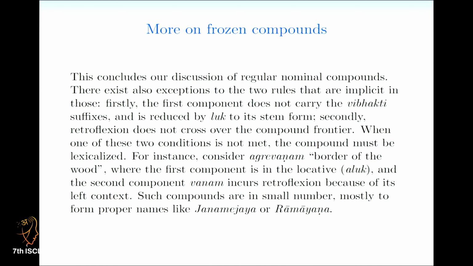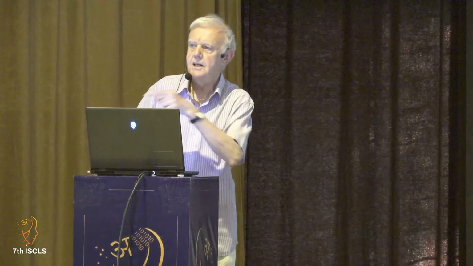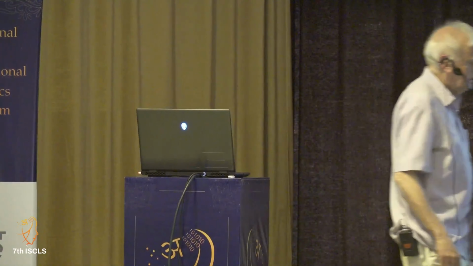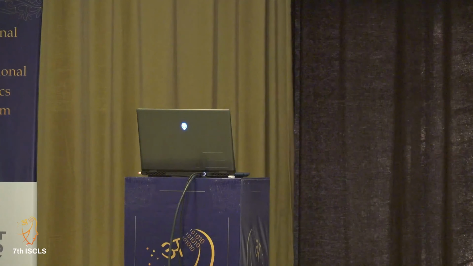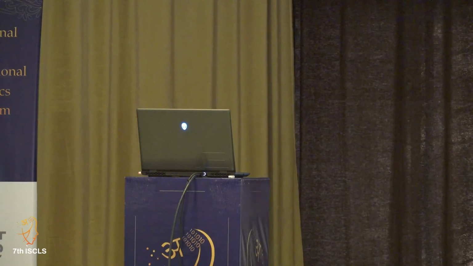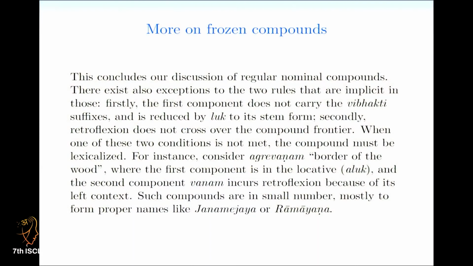So these compounds are in small number, mostly to form proper names, like frozen Vedic names such as Janamejaya. It's dvitiya and Janam. And Ramayana. Ayana does not have retroflexion, but in Ramayanam you have retroflexion.